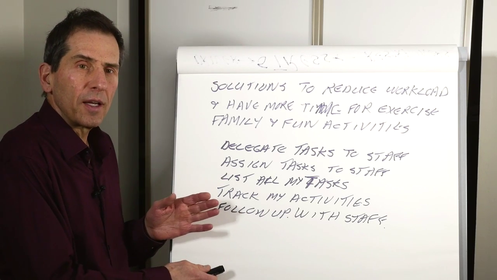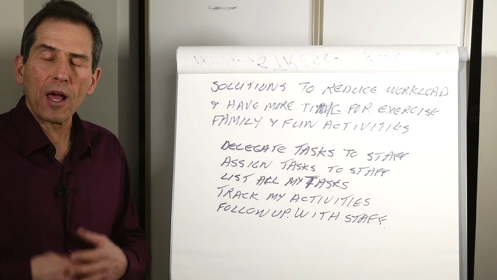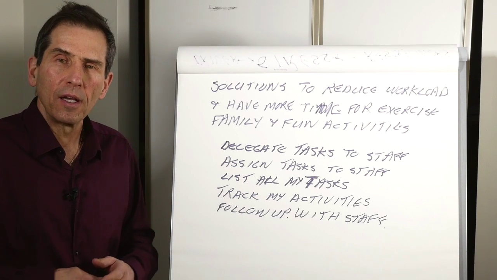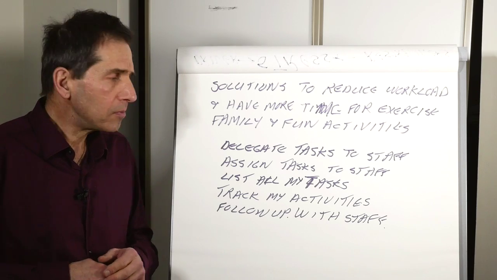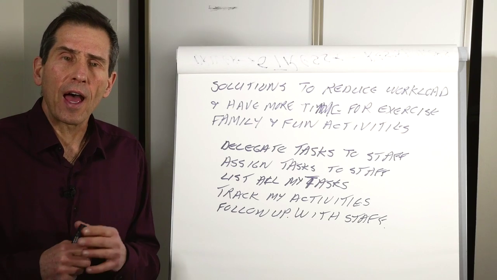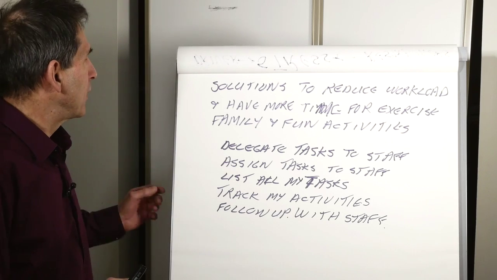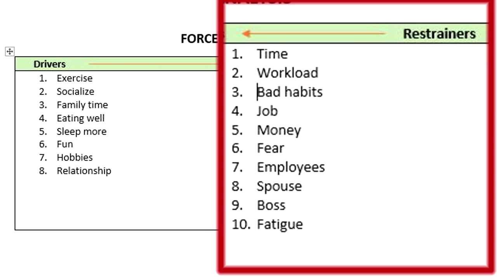That way you'll see how your action plan and solutions are impacting your problem. And once you start working on this, taking action, you're going to see that even if you may have listed a bunch of other restrainers, if you identify and work on the key restrainer, that probably will solve your problem enough, or it will take care of the other restrainers.